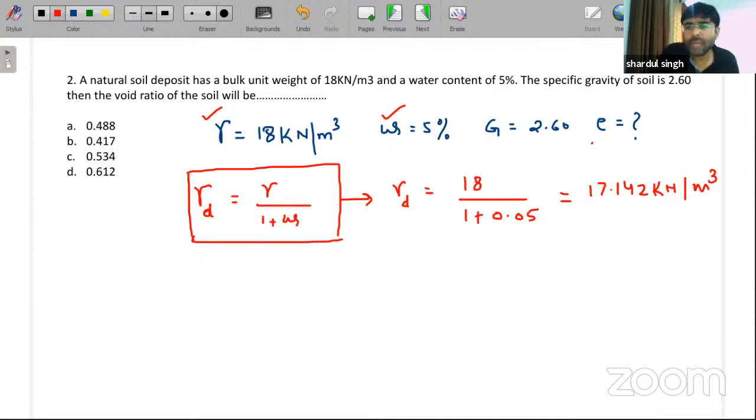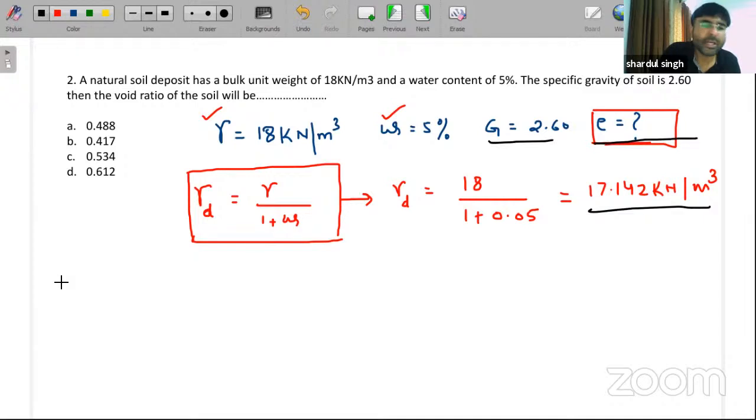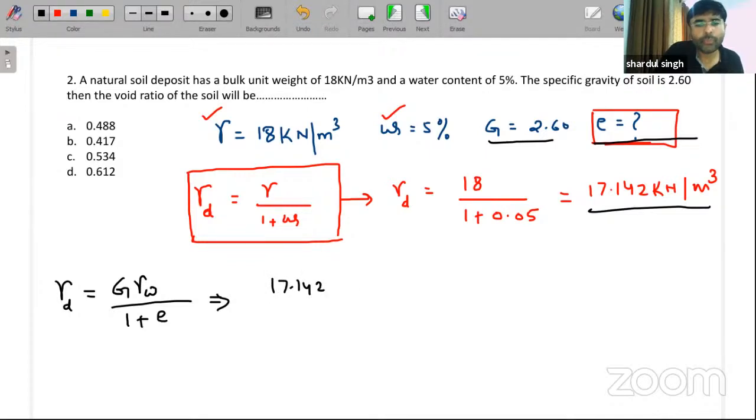But in the question, you have been asked to calculate the value of void ratio. Now, we know that there exists a relation between the dry unit weight, specific gravity, and void ratio. Gamma D is equal to G gamma W upon 1 plus E. We have gamma D as 17.142, G as 2.60, and gamma W as 9.81, the unit weight of the water.